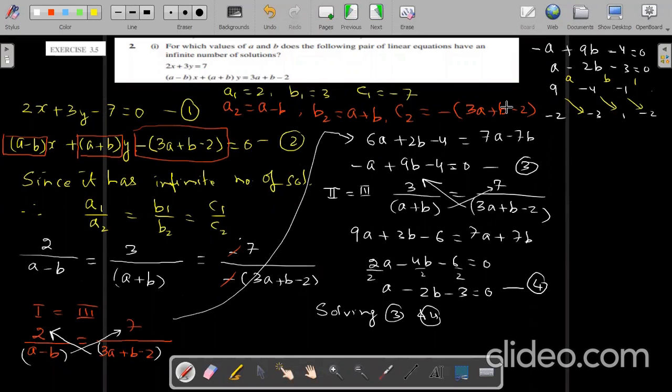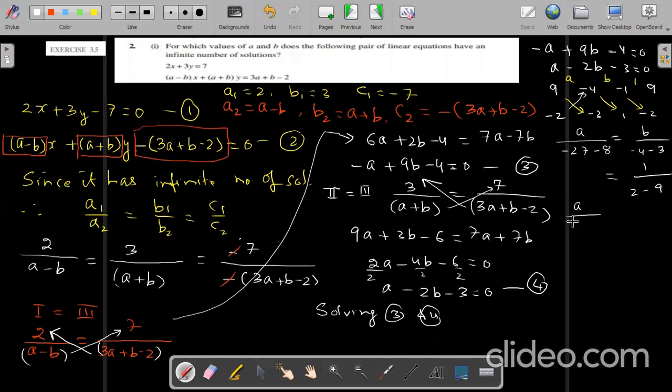Here, 9 minus 2, and we will do the cross multiplication. 9 times minus 3 is minus 27, and minus 3 times minus 2 is plus 6, so that gives minus 35 for a. Then for b, minus 4 into 1 is minus 4, and minus minus 3 gives minus 7. And for the constant, 1 times minus 2 minus 9 gives minus 7.